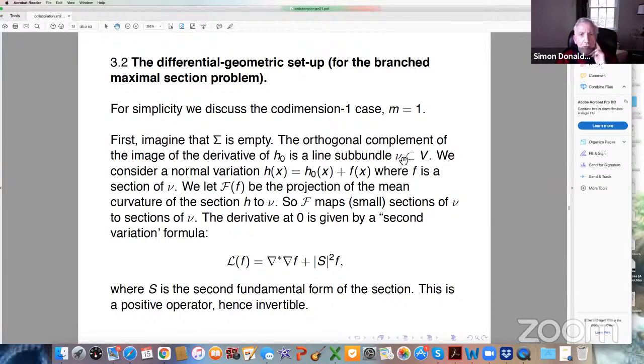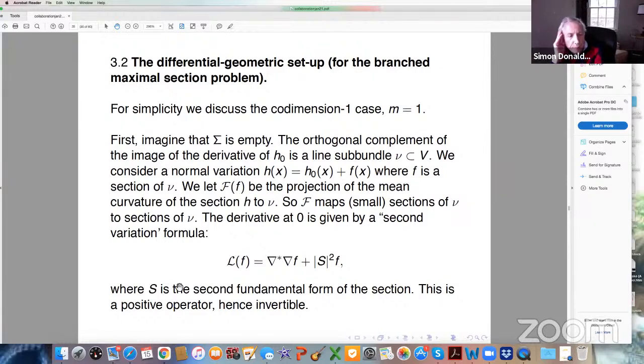Yes, nu is a line bundle, so locally it's trivial, and this is just essentially the ordinary Laplace operator. And then we have a term involving the geometry of our submanifold. If we worked in the Euclidean situation, then we would have a minus sign here. S is the second fundamental form of our section.